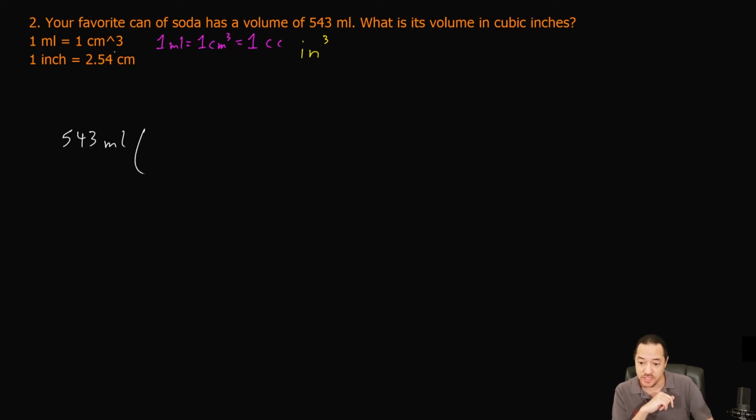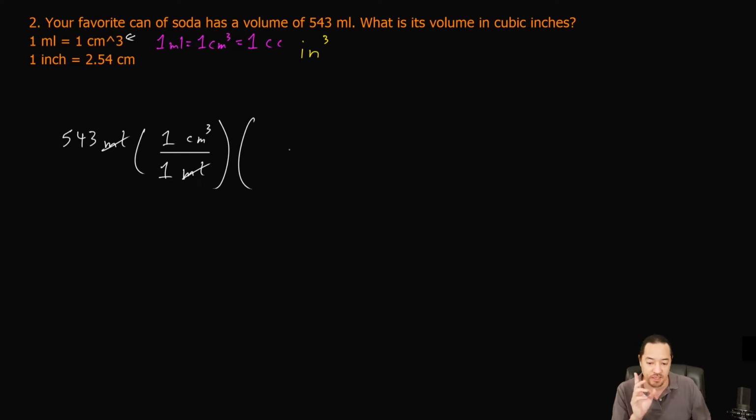So we see here that it's a 1-to-1 ratio, right? So 1 cubic centimeter is the same as 1 milliliter. And we put the milliliter in the denominator so that we're able to cancel this out. Great. Now we have cubic centimeters, and we need to convert that into cubic inches.